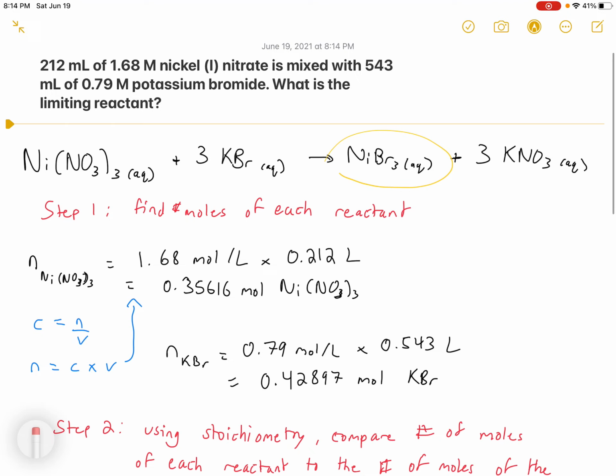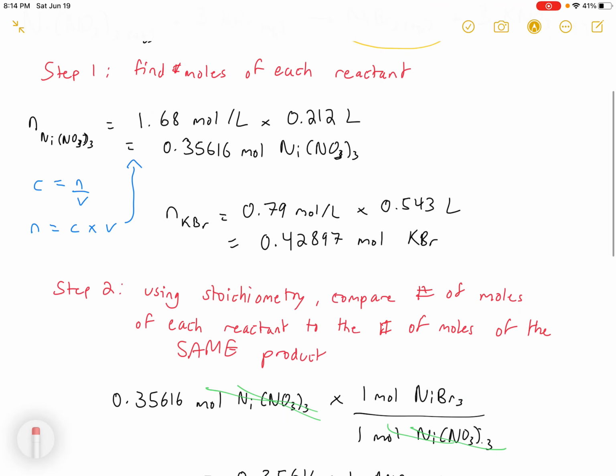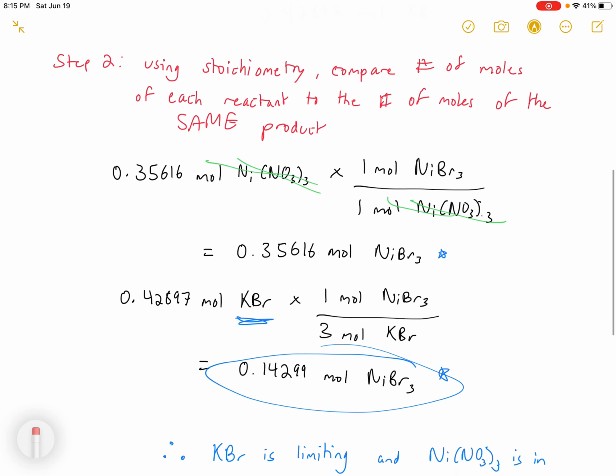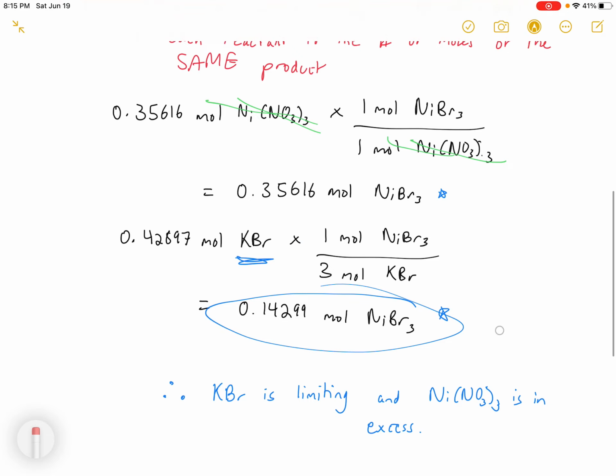So again, we've seen this exact same concept before with different types of reactions. The only difference is now we're getting moles through C equals n over V instead of n equals m over MM. But we still need to start with a balanced equation. We still have to find the moles of each reactant. And then we use stoichiometry to compare the number of moles of each reactant, so nickel nitrate and potassium bromide, to the moles of the same product.